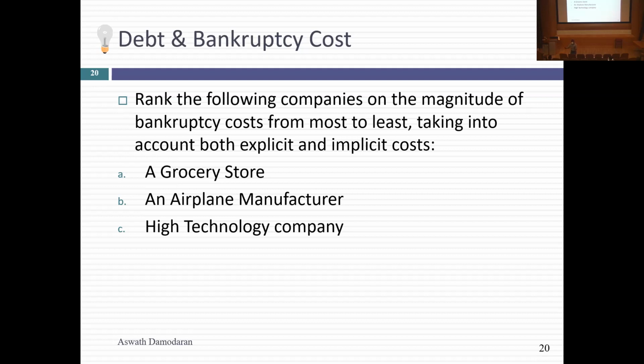Maybe they won't collect my money because they went bankrupt. So there are some tech companies where you really might not care, but some where you will care more. The more you have a product that requires long-term servicing and interaction, the more you care about the company being around, and the greater the indirect bankruptcy cost.